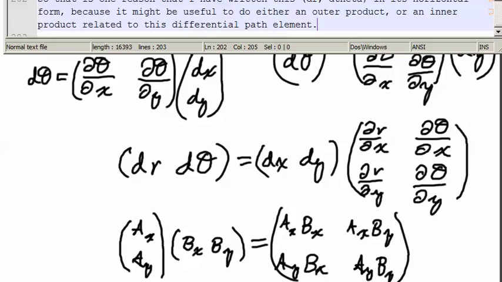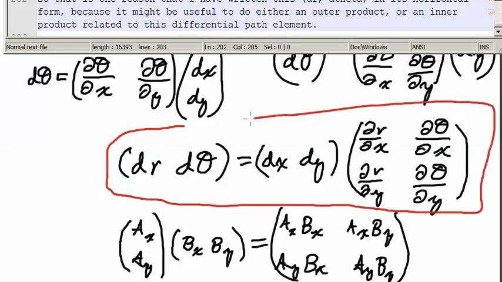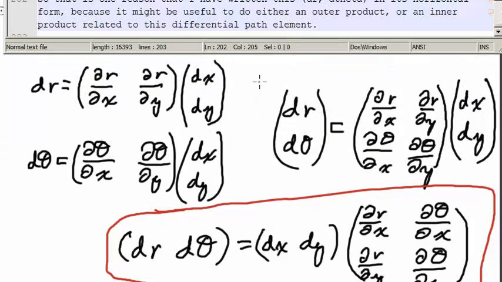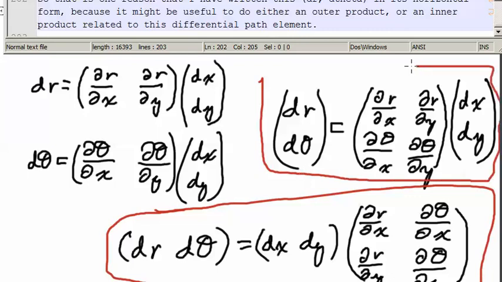So that is one reason that I have written this dr d theta in its horizontal form. It may be helpful to have it in both its vertical form and its horizontal form in order to do an outer product or an inner product, anything related to this differential path element in an alternative coordinate system.